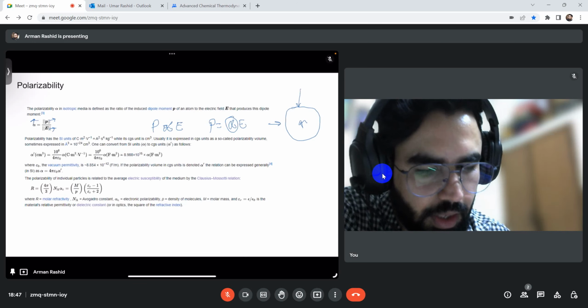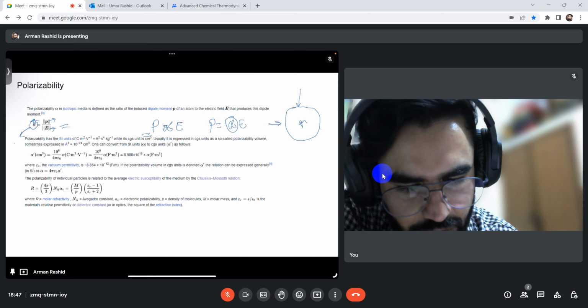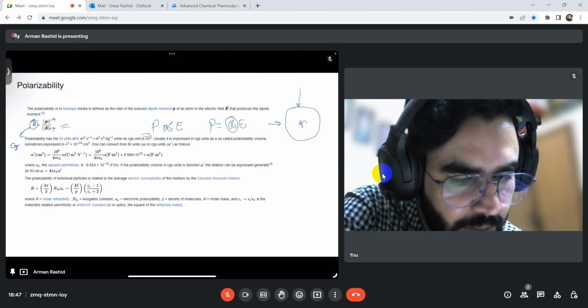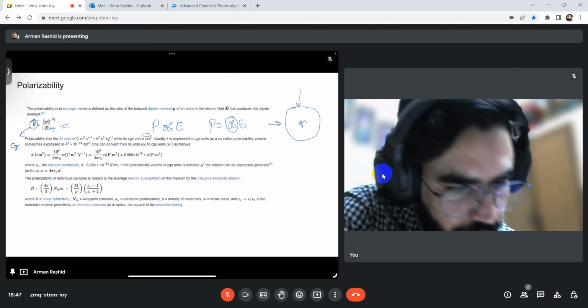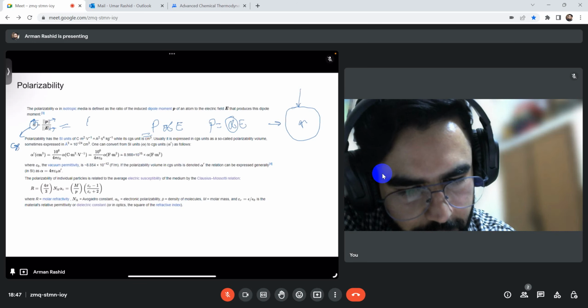Now this polarizability is in SI units. If we want to convert the polarizability into CGS units, it is called polarizability volume. The only difference between polarizability and polarizability volume, alpha and alpha dash, is that alpha is in SI units and alpha dash is in CGS units.